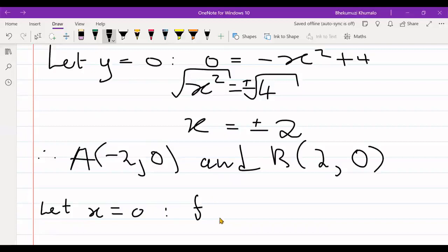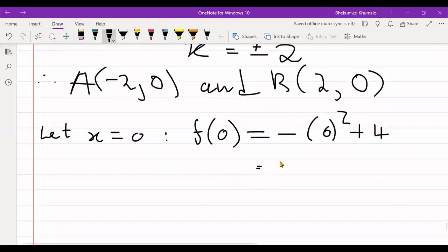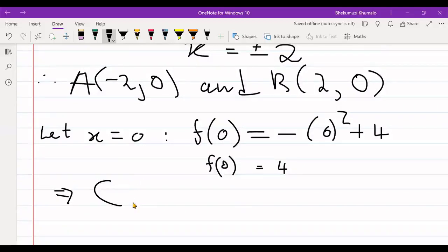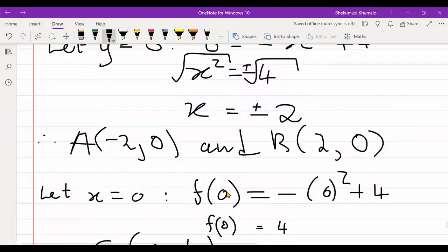And that would be f of 0, which is minus 0 squared plus 4. And definitely that would be just 4, right? That's equal to f of 0. And so C is (0; 4), as I said. So we know that it would be (0; 4), but if you had to actually calculate it completely, that's how you would have done it.